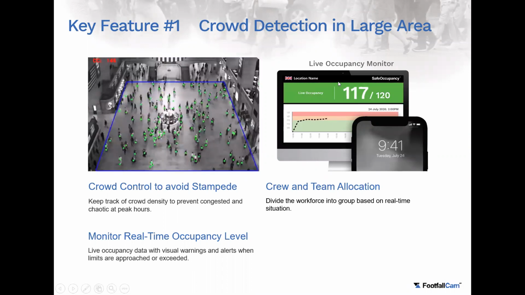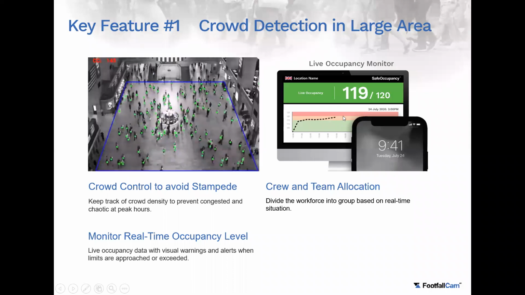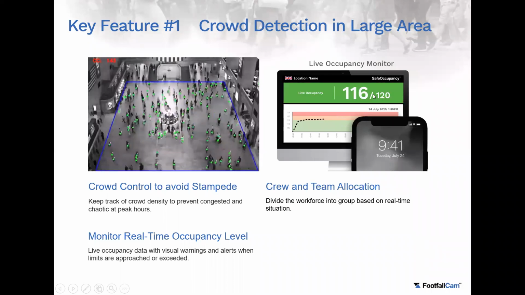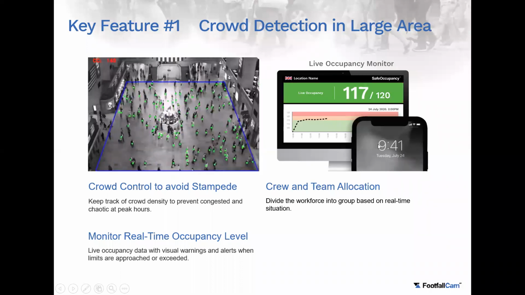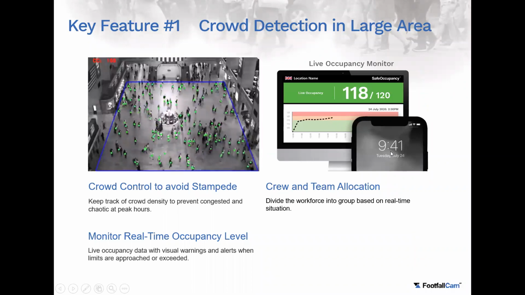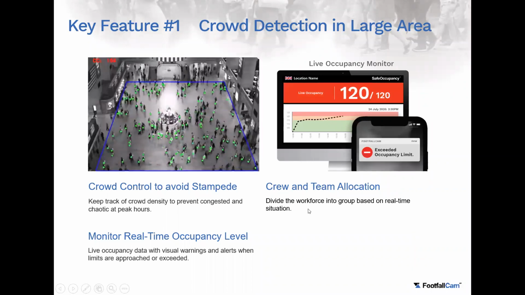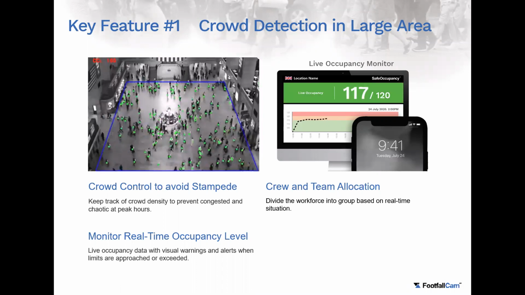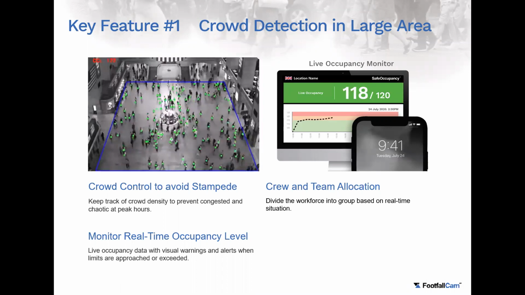With the live occupancy monitor, it tells you when your number of people is moving up, and if it reaches the maximum threshold, an alert is sent to your personnel on the mobile phone or any device. Then they can plan their crew and personnel allocation. These are the features that they could use.